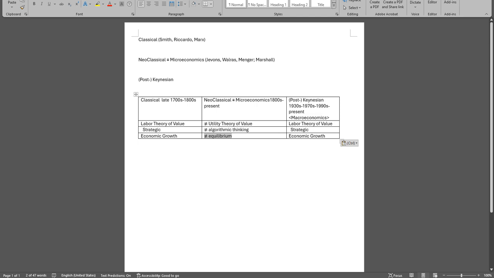However, classical economics is all about growth. Keynesian economics is essentially all about growth. That was from the first paper we read in the class, for those of you who read it, about micro versus macro and how this is about growth, and how this is not about growth, which is why it's bad for the environment.